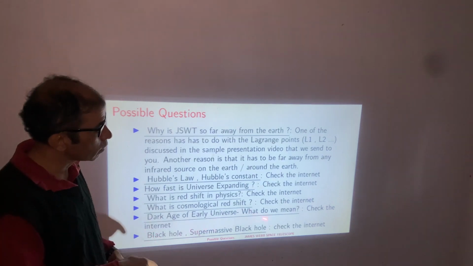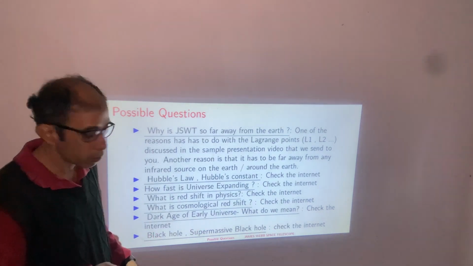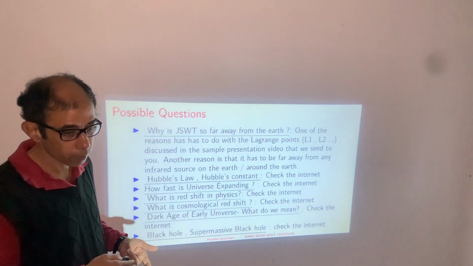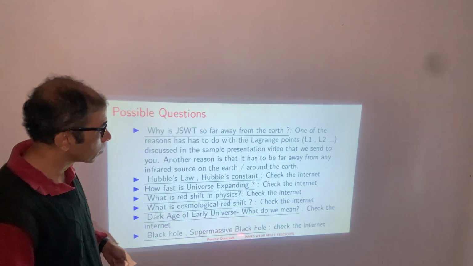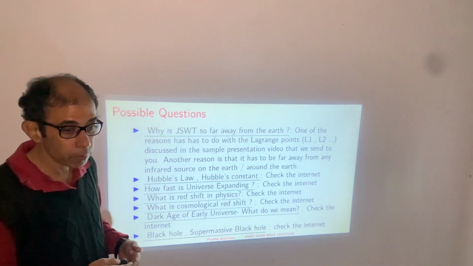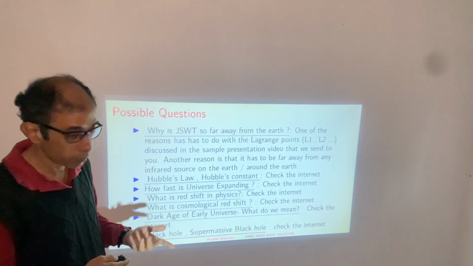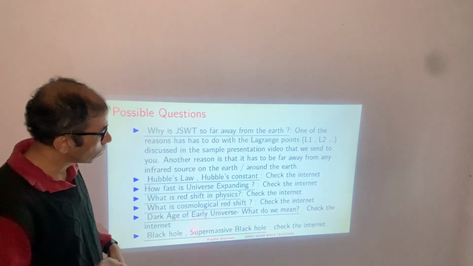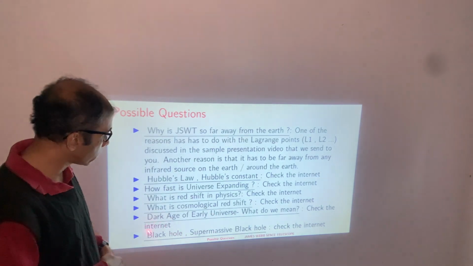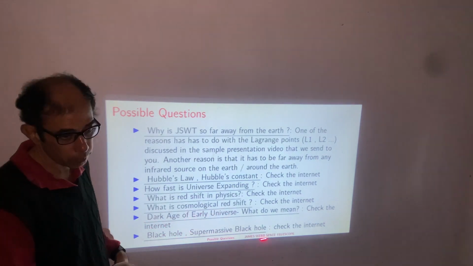But there is another kind of black hole which may not have been formed due to the death of a star. Such black holes can contain, say, 10 to the power 6 or 10 to the power 8 times the mass of the Sun. We still don't know how these black holes originated. We know about this black hole, but we don't know about supermassive black holes.